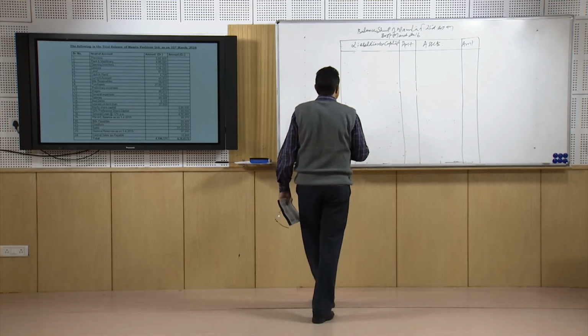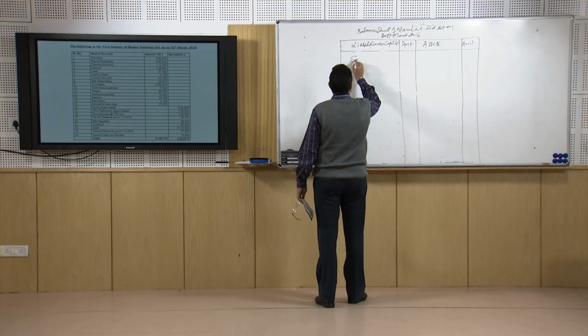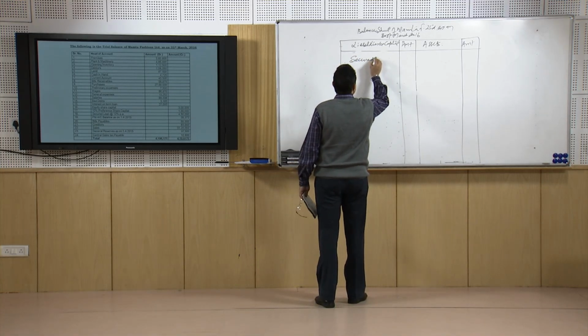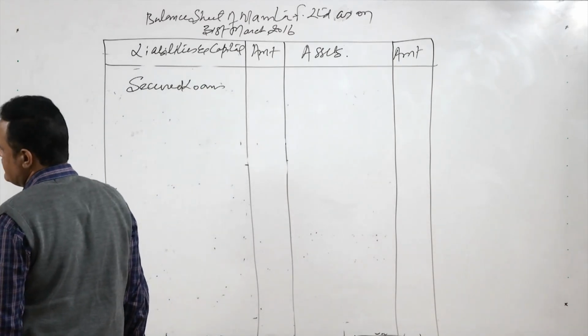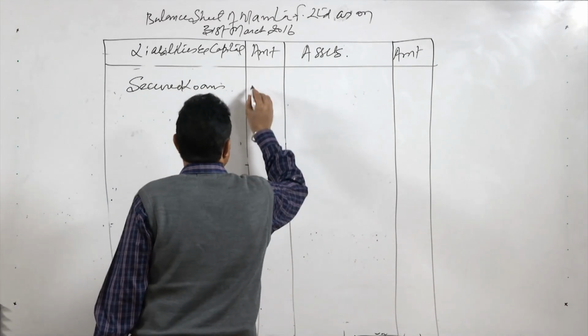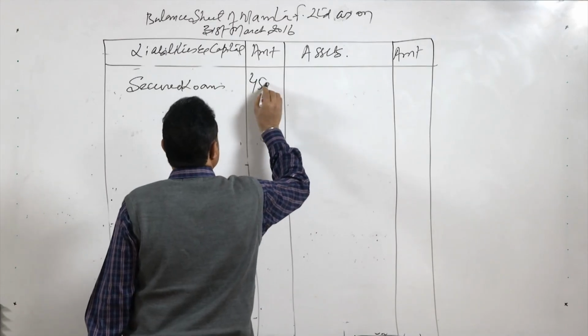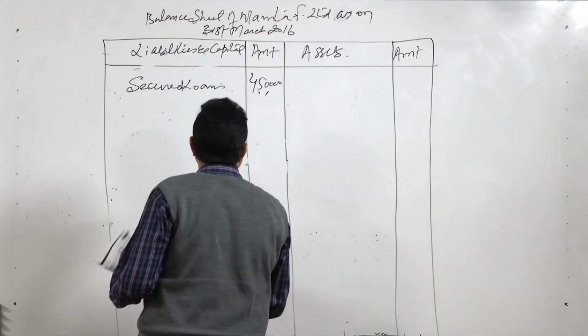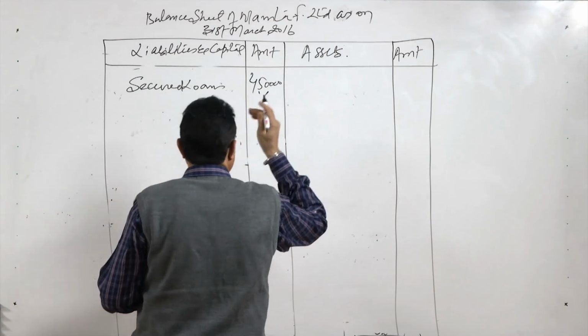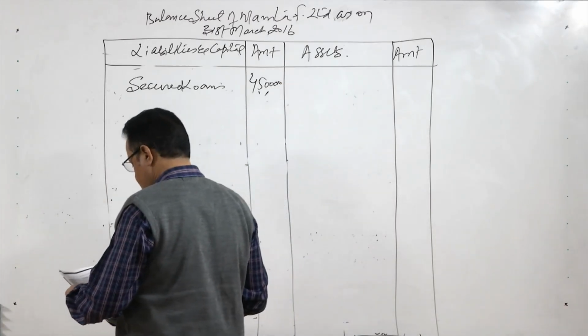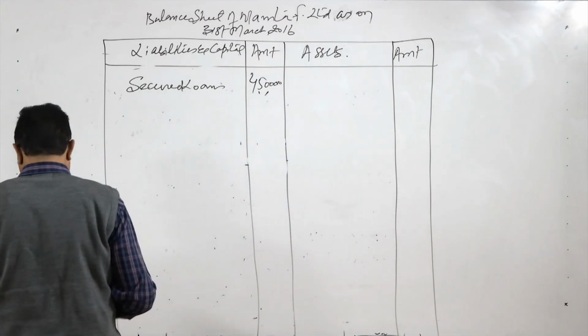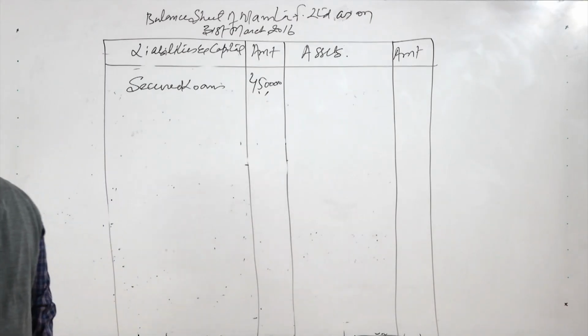So now the next item is secured loans, and the secured loans are 4,50,000 rupees. No loan has been repaid, so we have the total balance of 4,50,000 rupees of secured loan here, and there is no other source of funding this company is using.